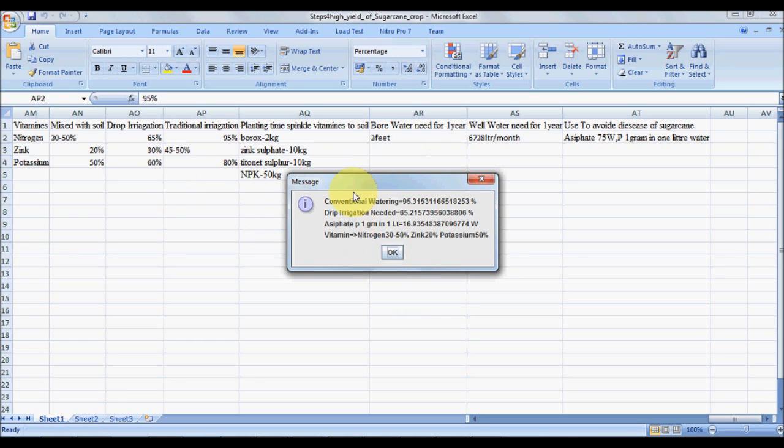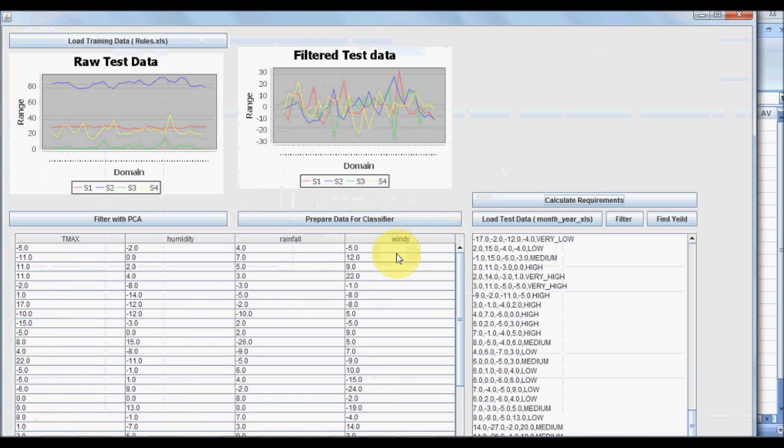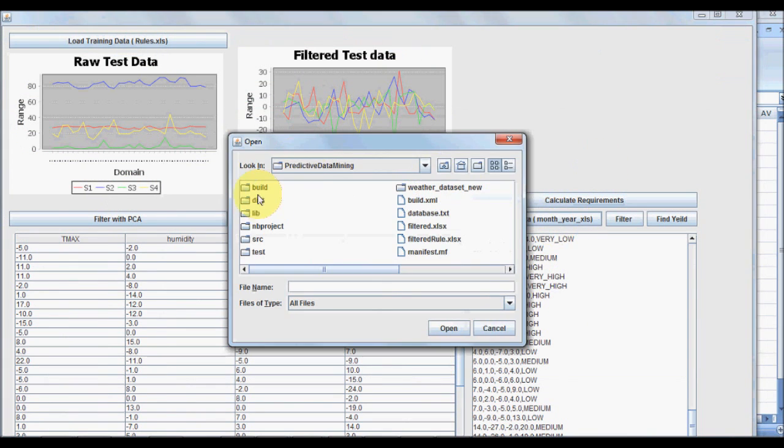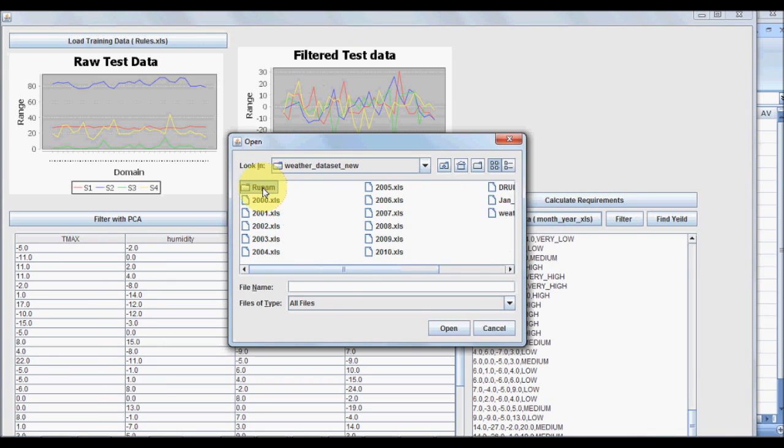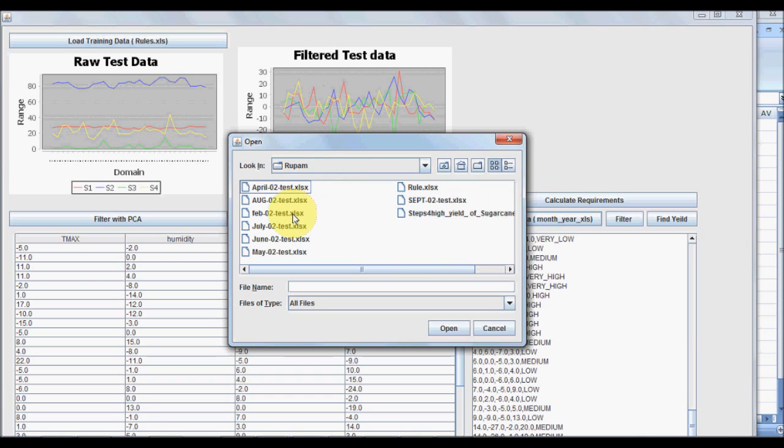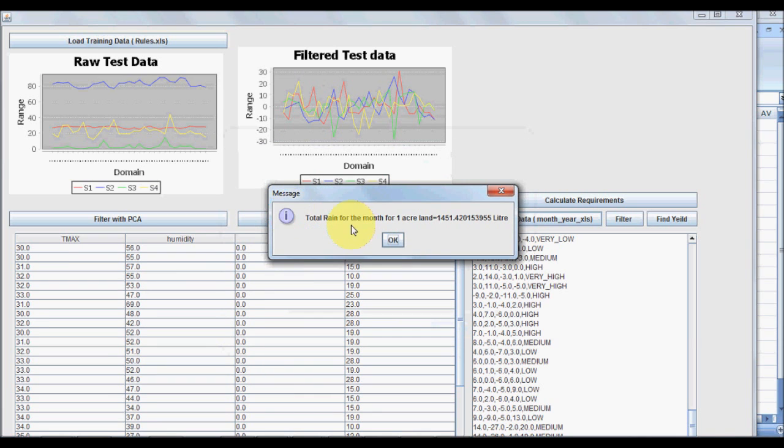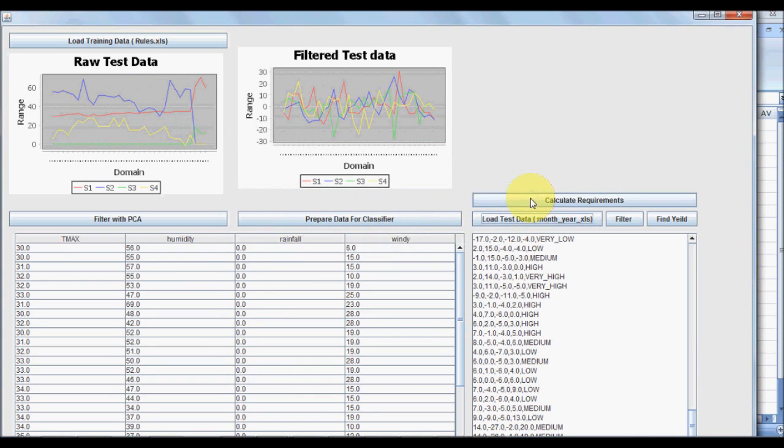So by seeing this, you can then form your data. Now if you take the data for any other month, say for example the month of April, or say for instance let's go with the month of February.